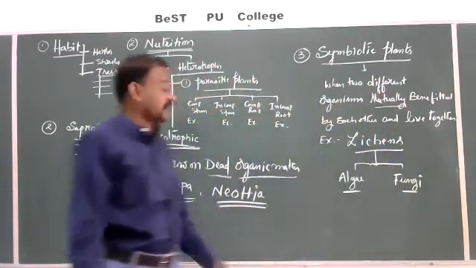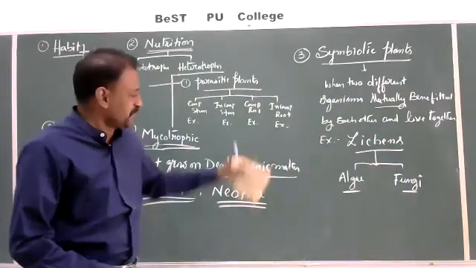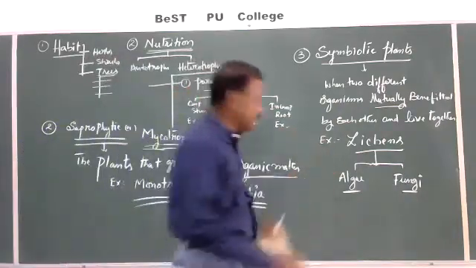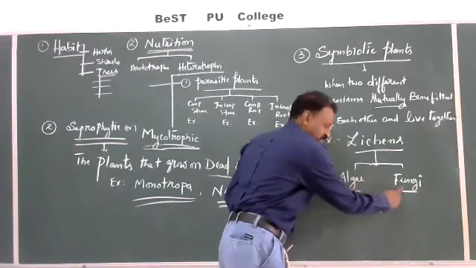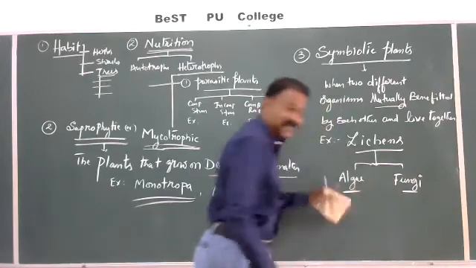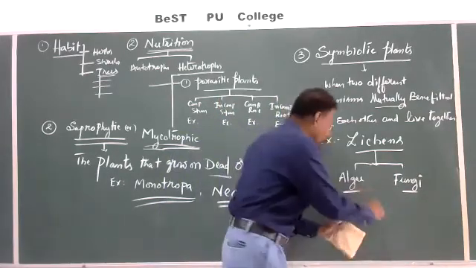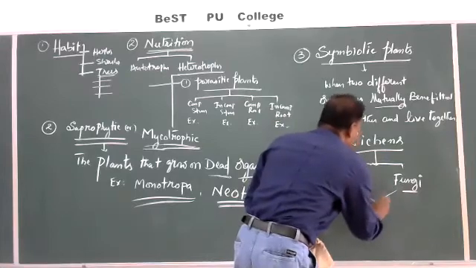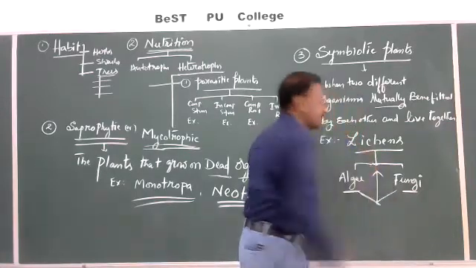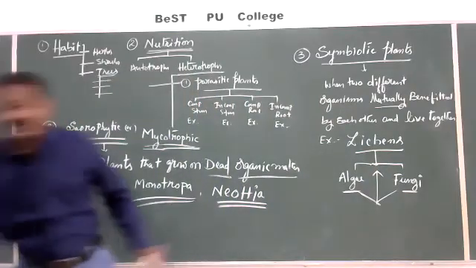See, a surprising fact, a lichen is made up of two different organisms. One is algae and another one is fungi. These two together unite to form lichen. So this association is called symbiotic association.